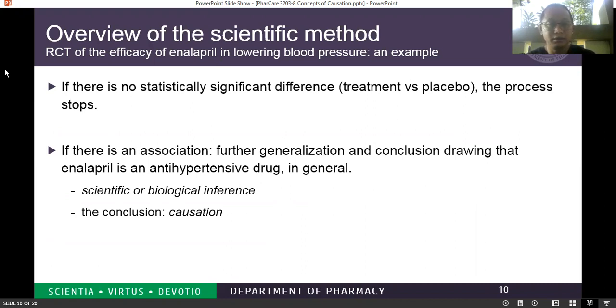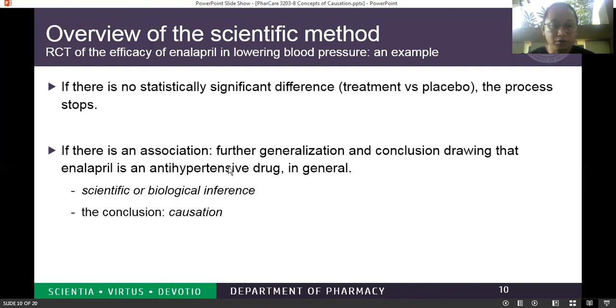And then, yeah, this is a bit from the explanation before. If there is no statistically significant difference between the treatment and placebo group, then the process stops.